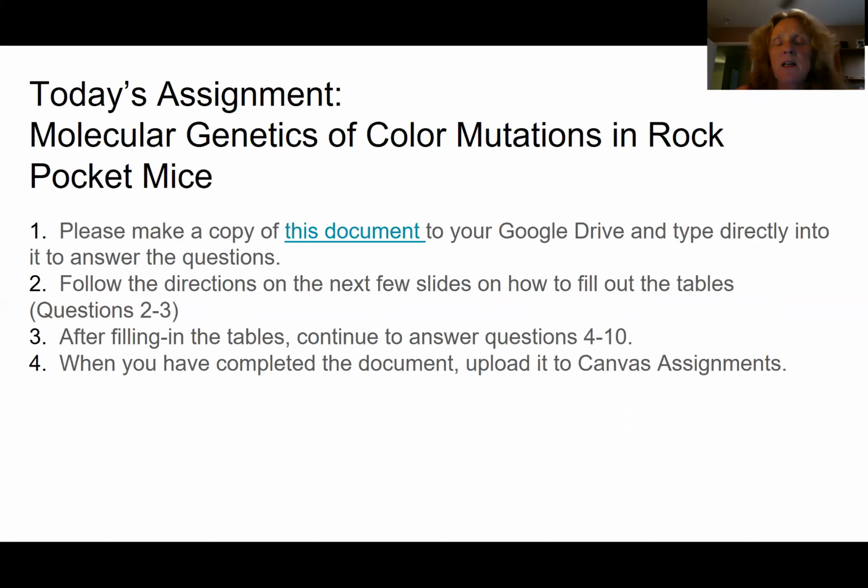I forgot to unlink that. You're going to follow the directions on the next few slides on how to fill in the tables for questions 2 and 3. So we're going to go back and check to make sure that you actually do understand the process of protein synthesis. And then after that, you're going to fill in the table that's continuing questions 4 through 10. And then when you've completed it all, you're going to upload it to Canvas.